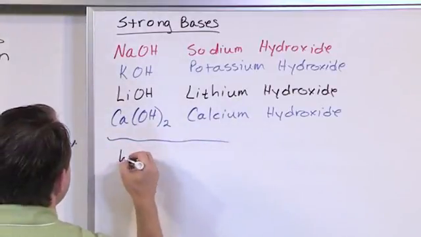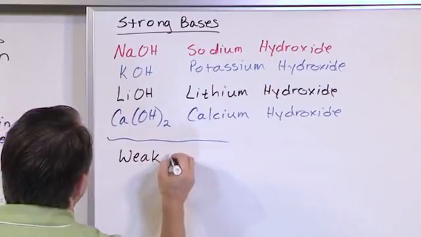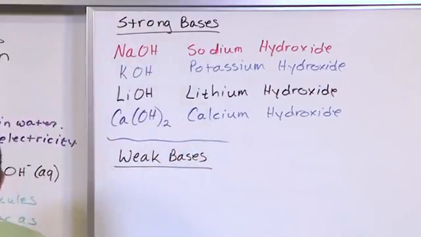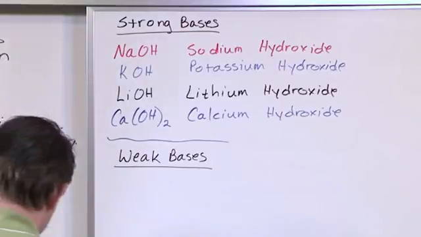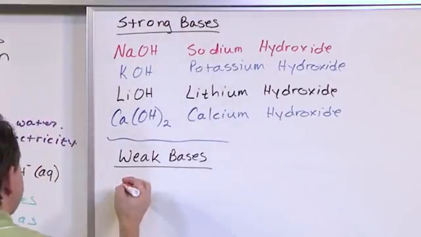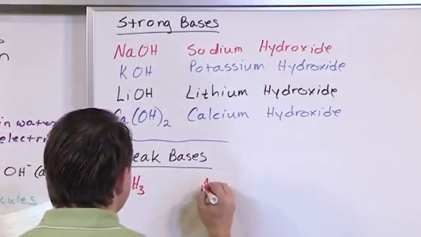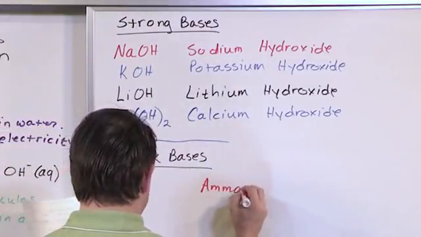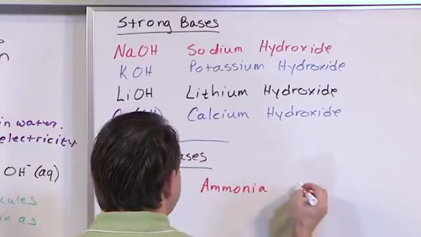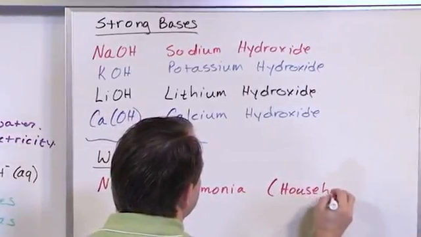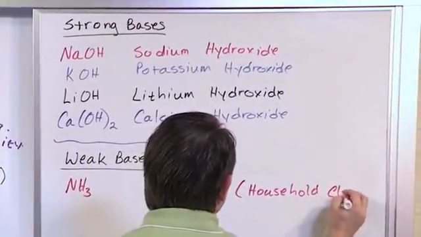Let's look at some weak bases. Probably the best example is one that we've already listed, NH3. We call it ammonia. Now this is, by the way, a household cleaner.